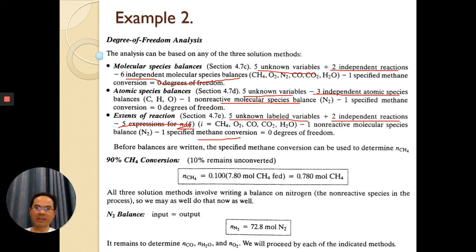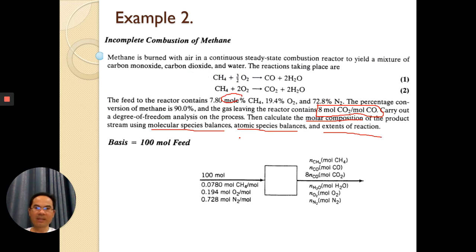With 90% conversion of methane, you can calculate the amount of methane that remains unconverted. 90% conversion means 90% of the methane is converted to product. The methane feed is 0.078 multiplied by 100, you get the amount of methane in the feed. But the methane output is the amount of methane unconverted.